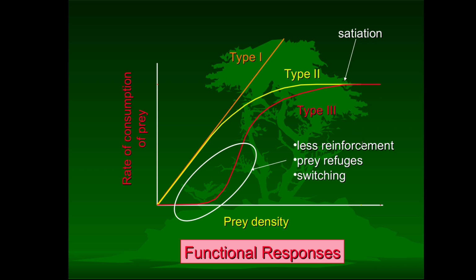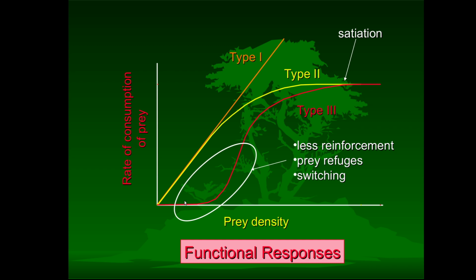And there are several possible reasons for the low consumption rate at low prey density. These could be, for example, low reinforcement of behavior. The predator has to learn how to find and capture the prey, and if the prey is not abundant enough, the predator does not get the behavioral reinforcement it needs in order to efficiently capture and handle the prey. So it's primed for a different prey species.